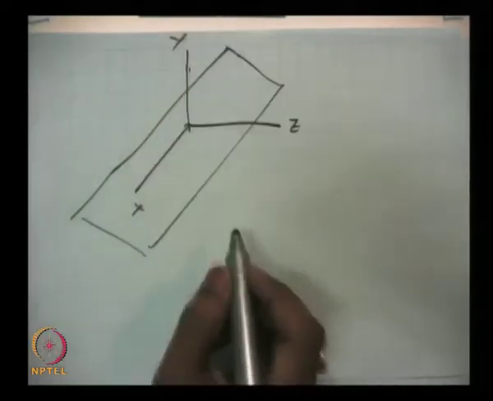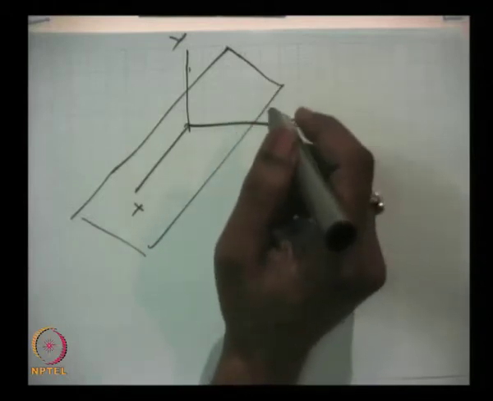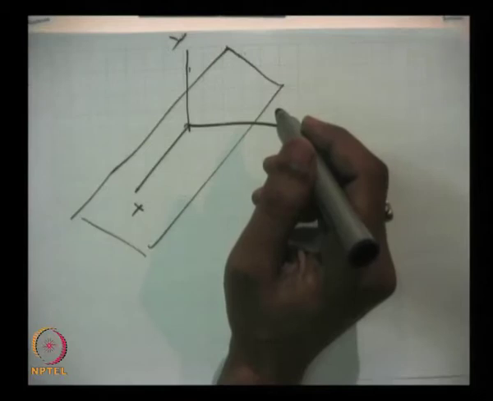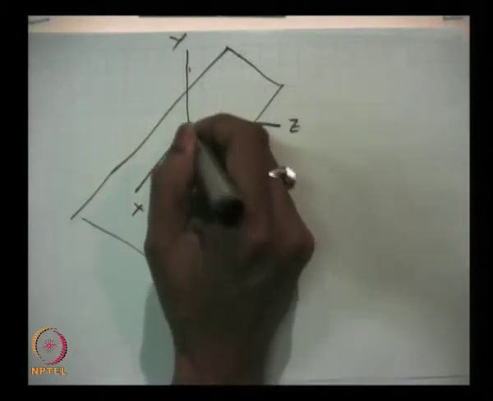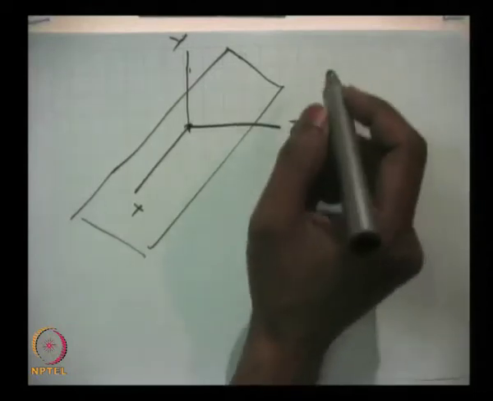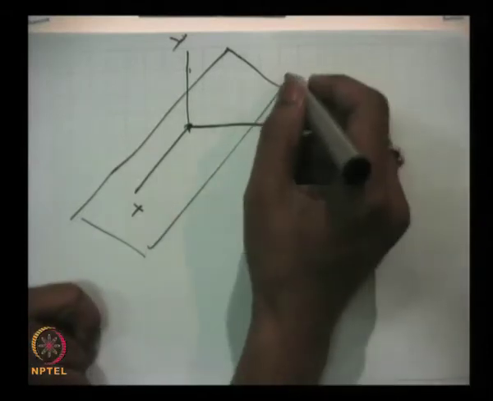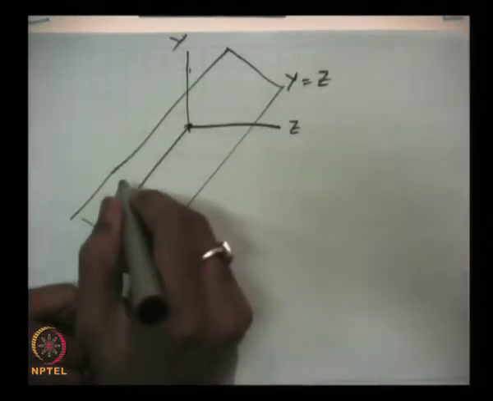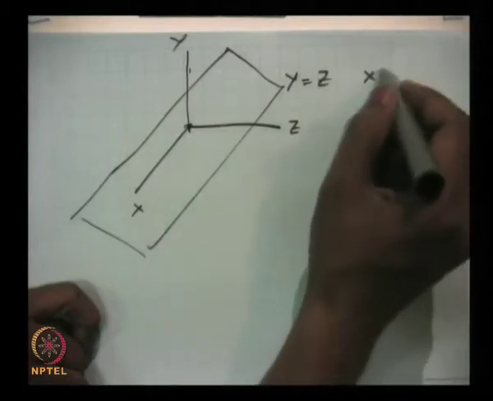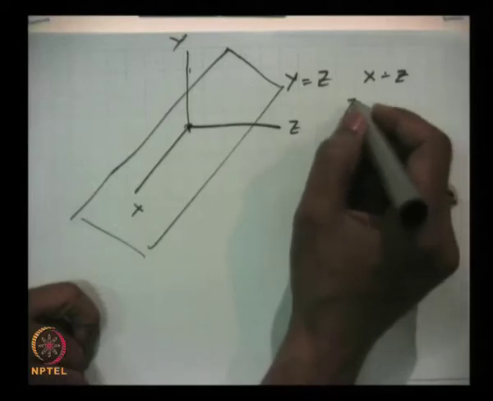So, this plane that I have just drawn is supposed to be 45 degrees passing through the origin. Let us say it is y equal to z, and you have 2 other planes where x equal to z and x equal to y.